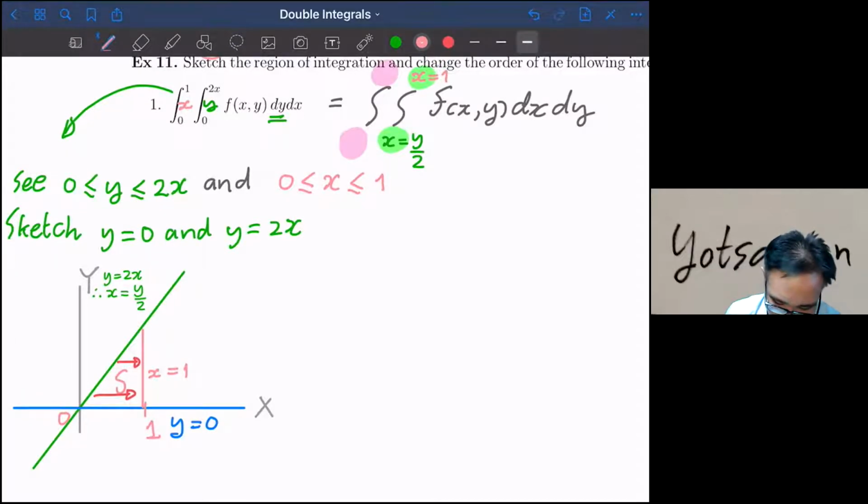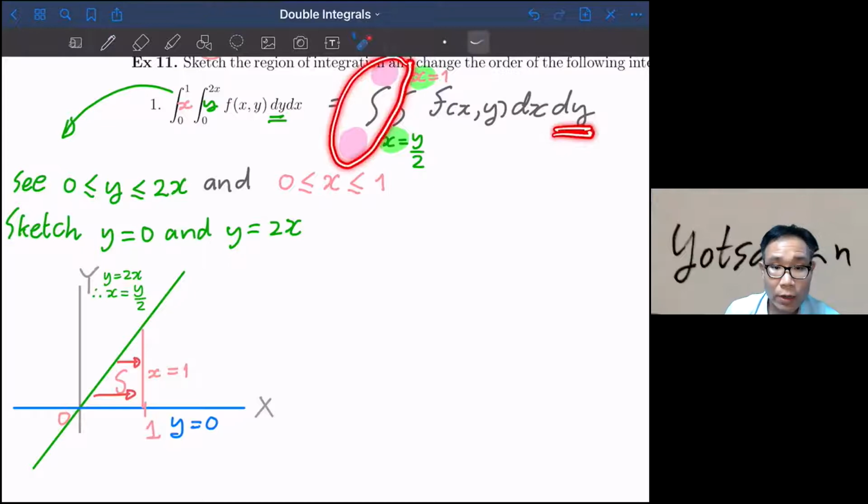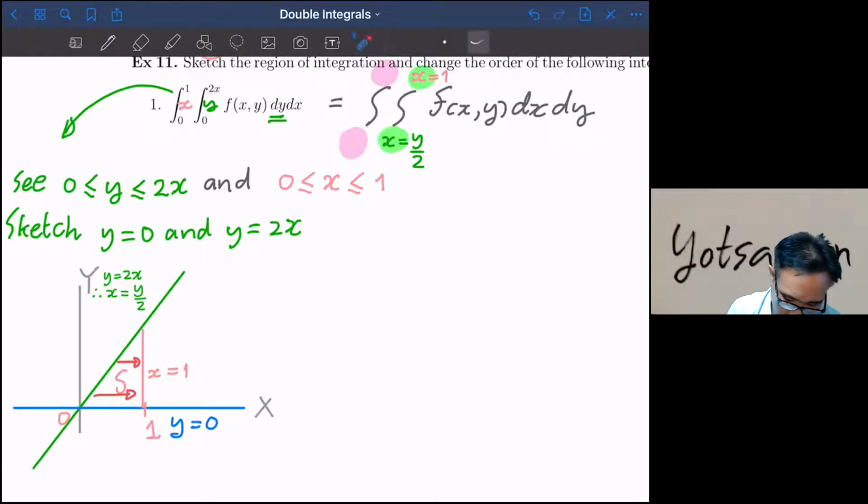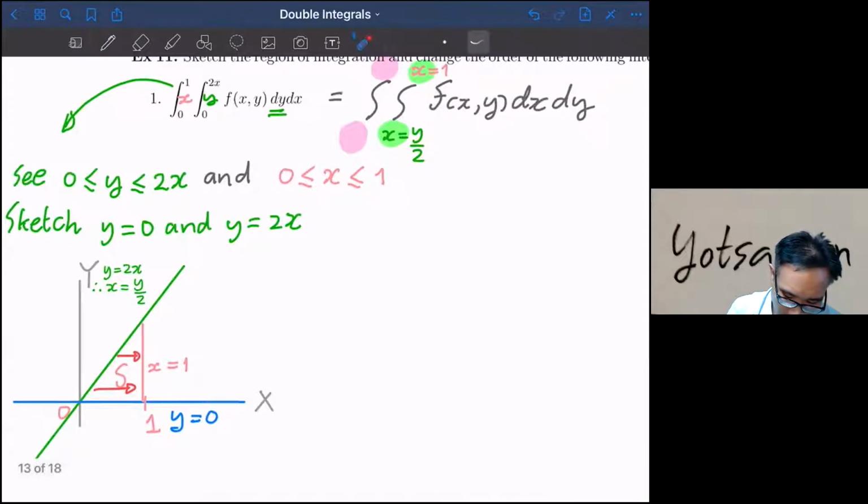And you have the pink one. The pink one turned out to be from x equals 0. For this one, you need to know where your y is. You see x equals 0 and x equals 1, so you must know the coordinate at this point.